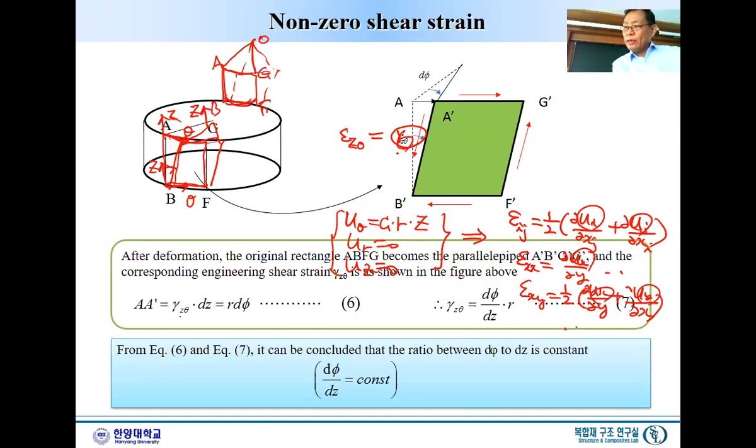And this one, how do we define? Well, again, epsilon z theta, by definition of this shear term, very similarly, you can say that epsilon theta divided by z plus epsilon z divided by theta, and in theta, dimension-wise, you need an R here, and you need a half here.